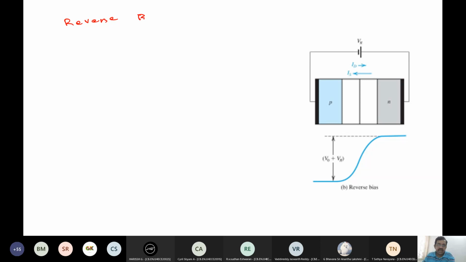So reverse bias definition is: P type connected to a negative, like shown in this figure, and N type connected to the positive.